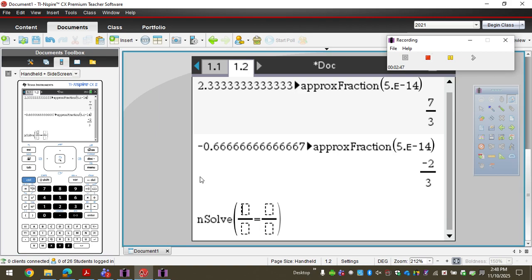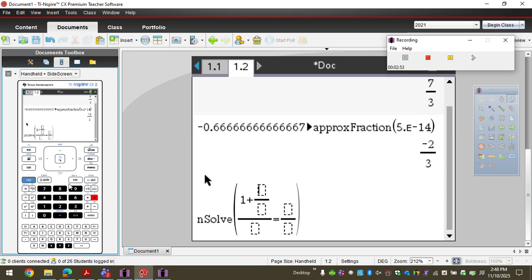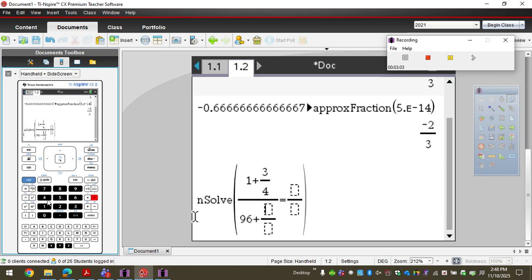The first number is going to be 1 plus fraction of 3/4 over 96 and 1/4, and over here on top. Remember, those are my x's, so we're going to have another fraction on top. And it'll be 2/5.